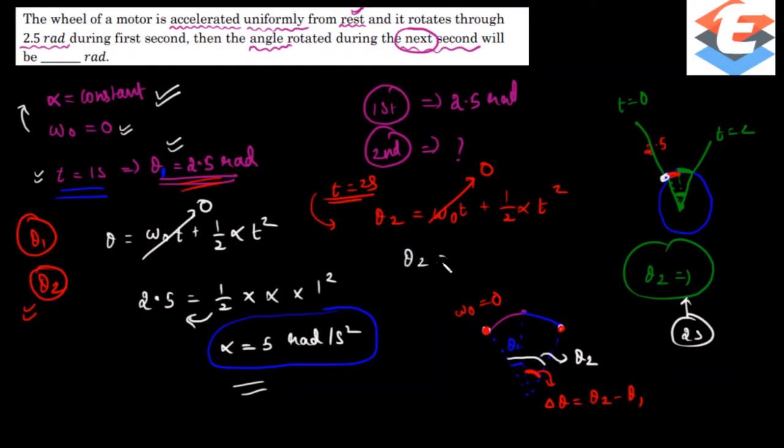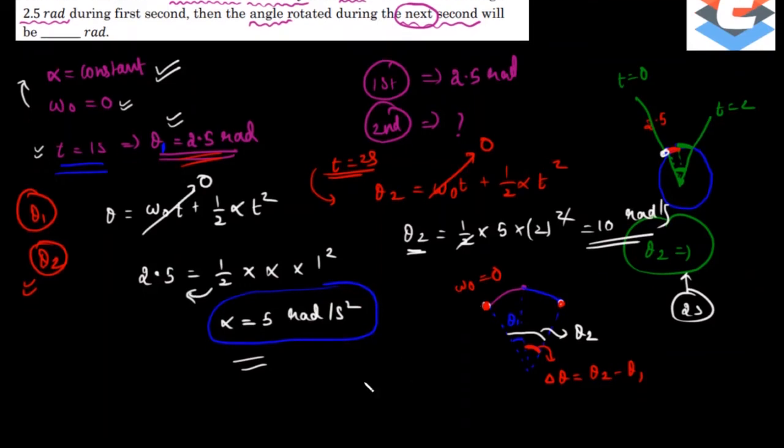Theta 2 will be equal to 1 by 2 into alpha, which is 5, time taken was 2 seconds. This is the angular displacement that wheel has traveled. So I can cancel this, and it becomes 10. So theta 1 is 5 and theta 2 is 10.